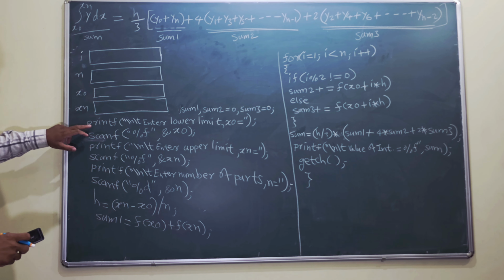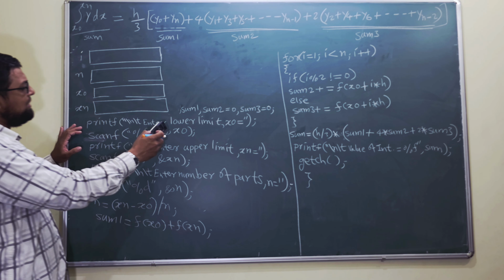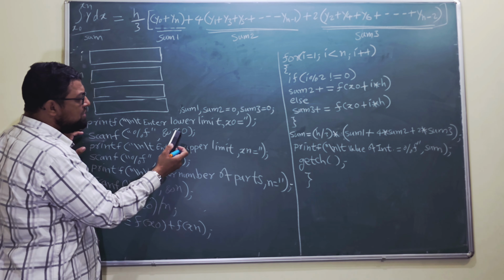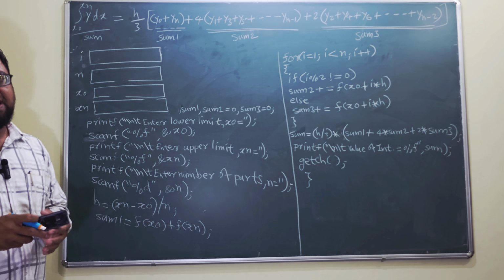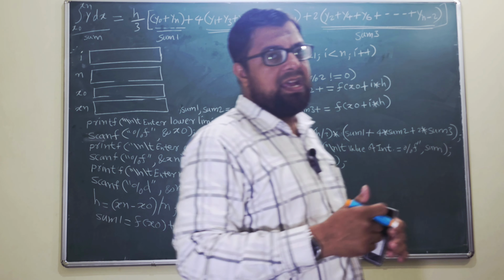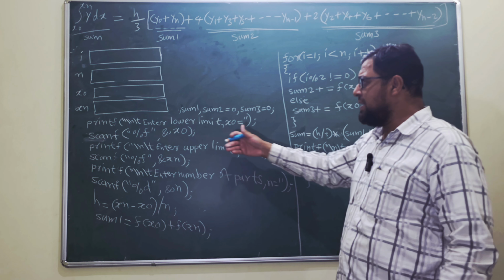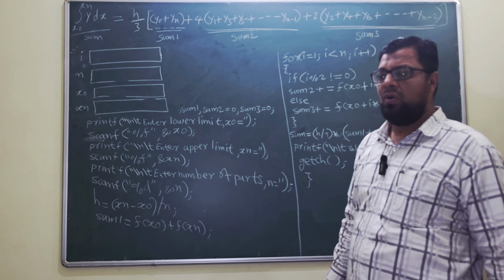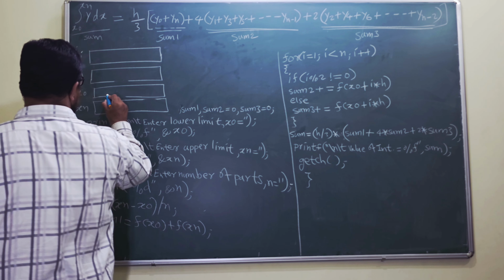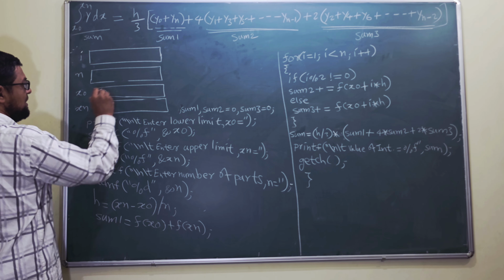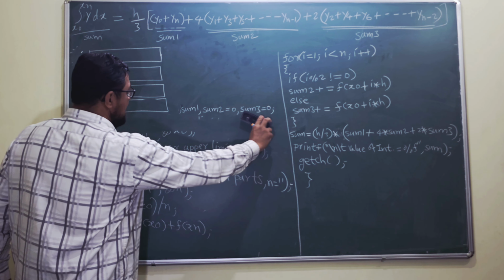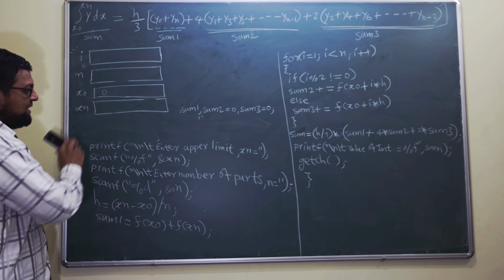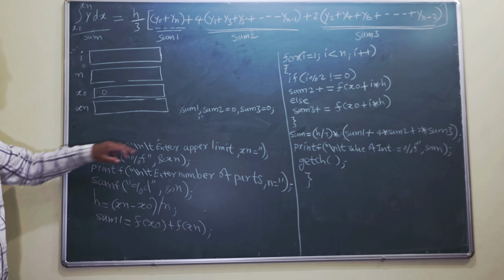Now when our program says enter the value of x0, then using this condition we can give any input through the keyboard. Say we give x0 equal to 0, then 0 will be stored in this particular space. After that we have xn, so we say enter the value of xn.